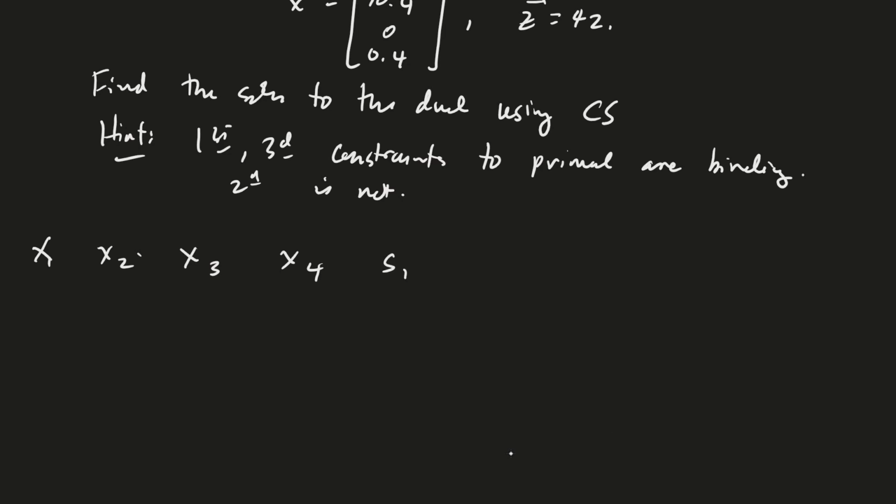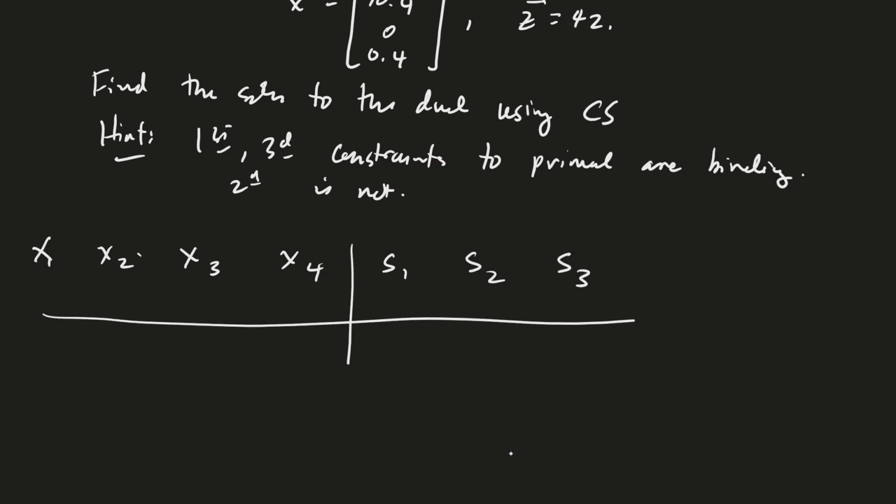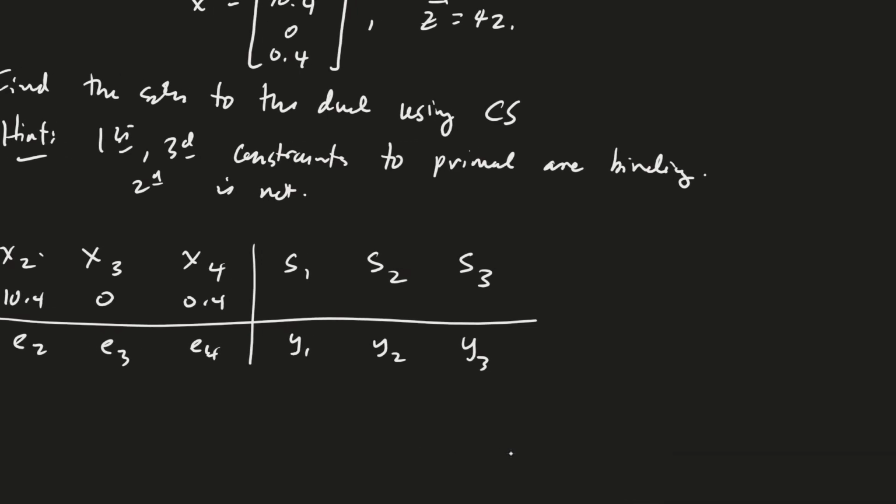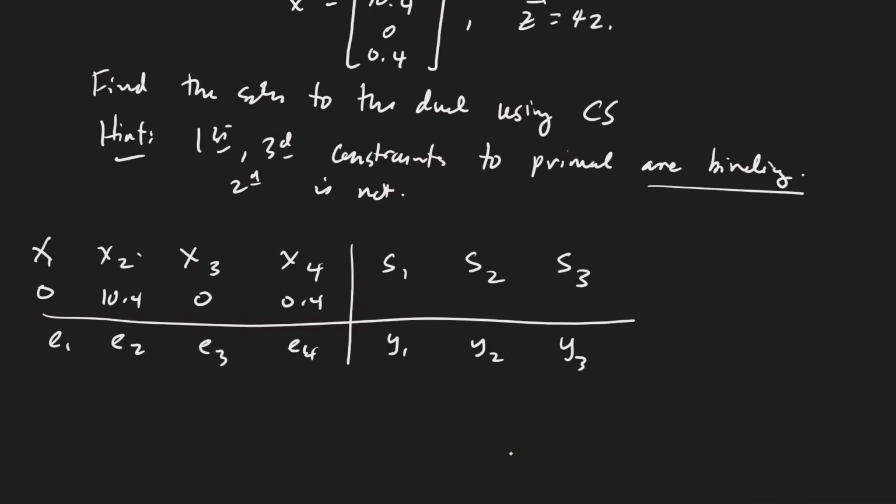So that's going to be s1, s2, s3, and then underneath that I've got 4 excess variables and just 3 y's. And let's see, what else do I know? I know that this is 0 and I know this is 0. 10.4, 0.4. I know that the first and third constraints to the primal are binding.